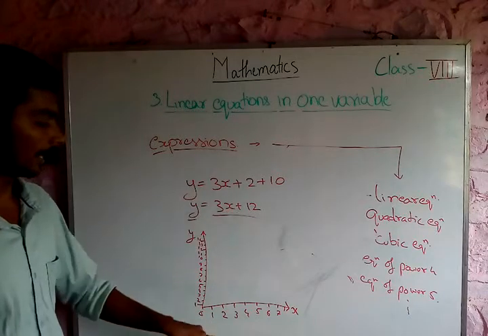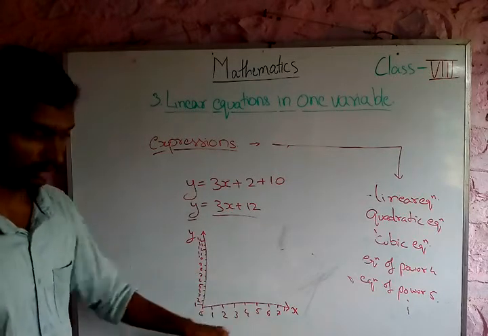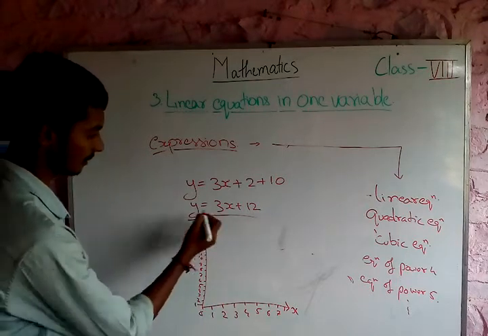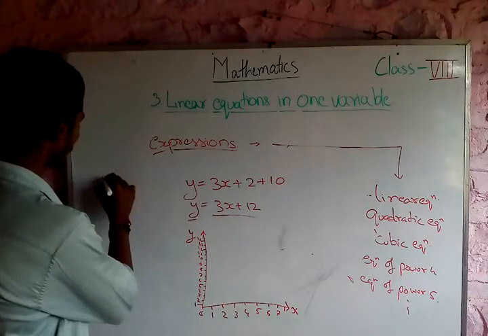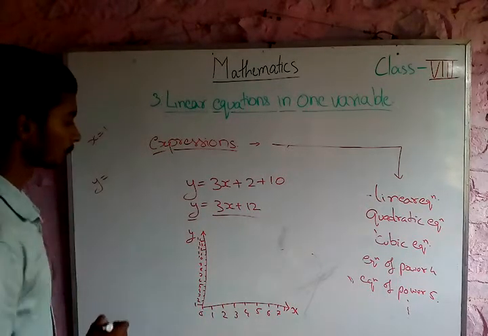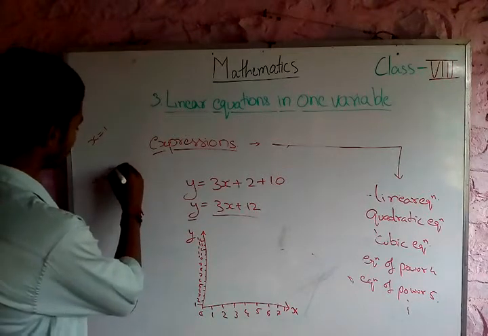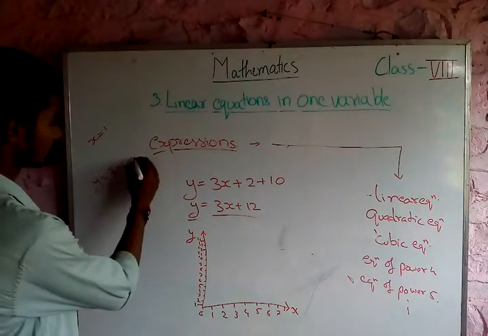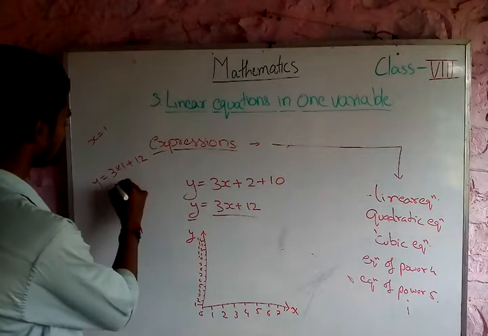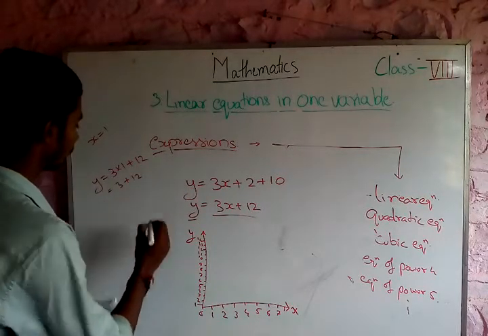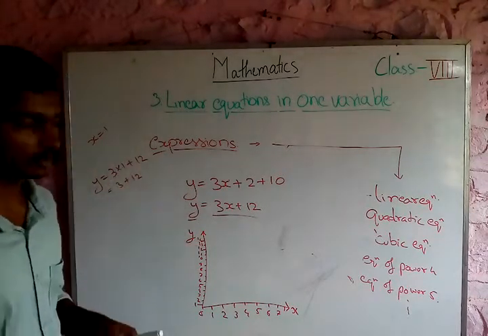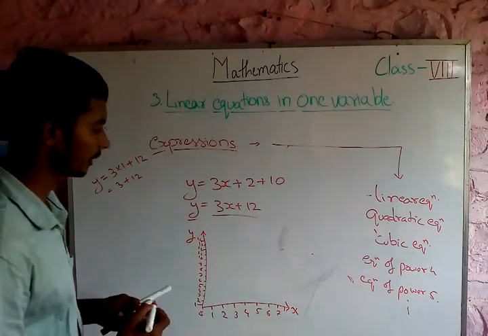Now if I take any value of x from these numbers, that is, if I take 1 as x, then what is y? If x is equal to 1, then y will be 3 into 1 plus 12, so 3 plus 12, which exceeds the number we have taken on the y-axis.